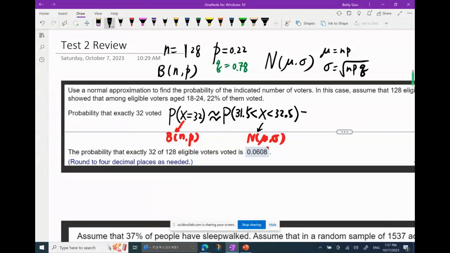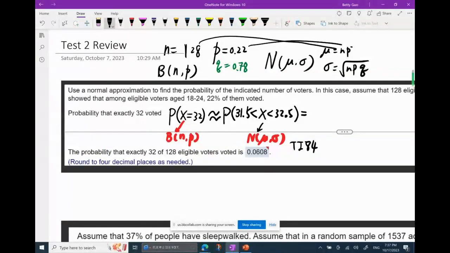All right. Remember, x is normal, right? So the mean is n times p, 128 times 0.22. Those values are given. And sigma would be the square root of npq. So we can use a TI-84 calculator.